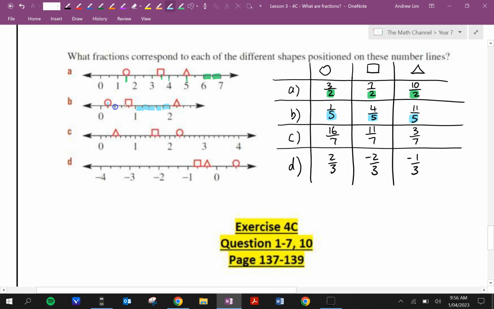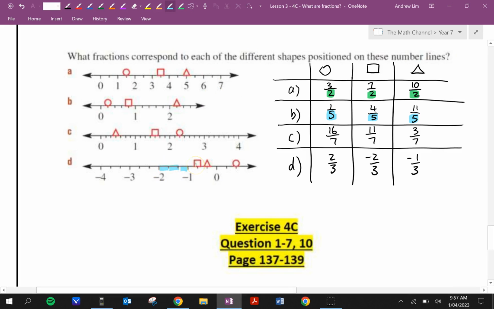Square, 2, 3, 4 out of 5. Triangle, 5, 6, 7, 8, 9, 10, 11 out of 5. Alright, and the same will go with C. It's just out of 7, and D will be out of 3, because there are 3 spaces within each.